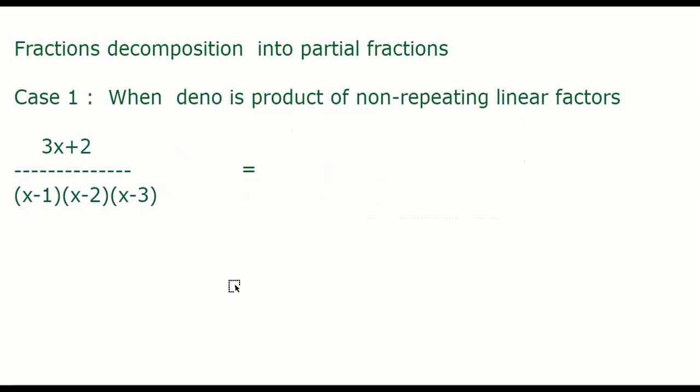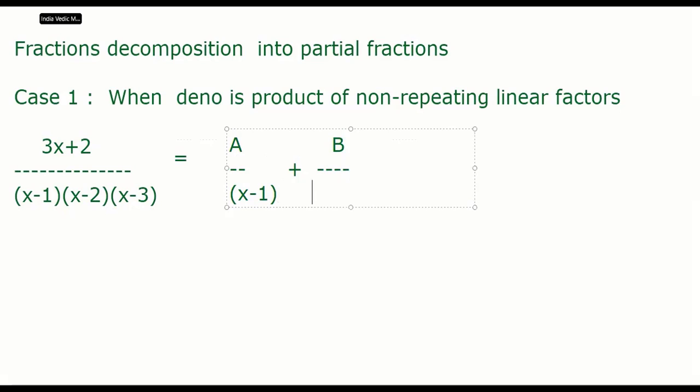Since there are 3 linear factors in the denominator, we can think of writing this as some variable a over x minus 1 plus another variable b.